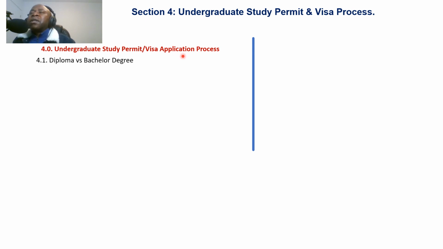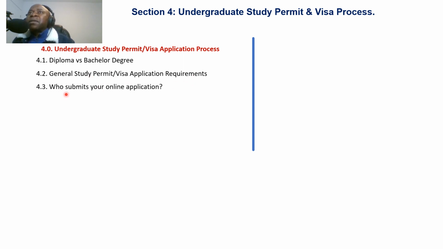Then we'll come to section number 4, study permit and visa process. The first thing you do, especially for an undergraduate study permit and visa process, is to check the admission: is it for a diploma or a bachelor degree? What are the general study permit and visa application requirements? Who submits your online application?